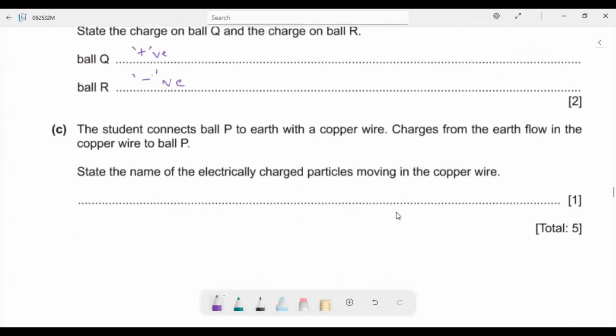The student connects ball P to earth with a copper wire. Charges from the earth flow in the copper wire to ball P. State the name of electrically charged particles moving in the copper wire.